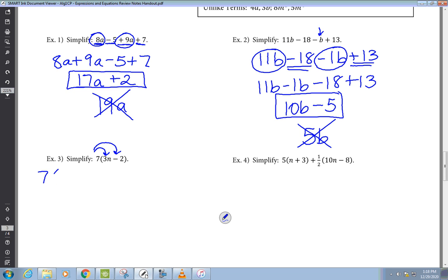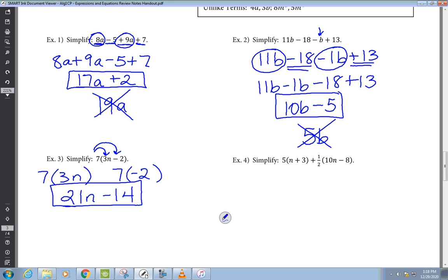So you multiply it times everything inside the parentheses. Seven times 3n is 21n. 7 times negative 2 is negative 14. Those are not like terms, so that's your final answer.